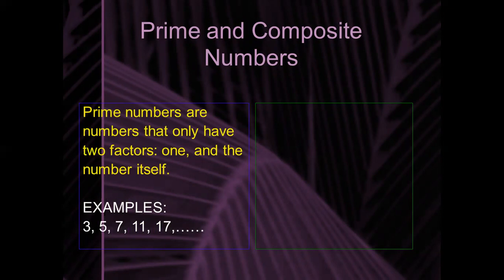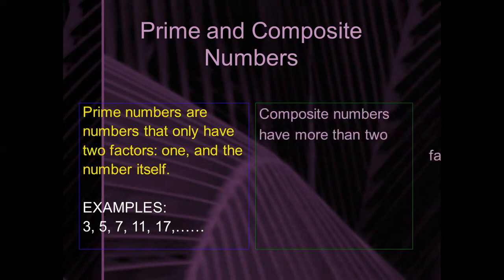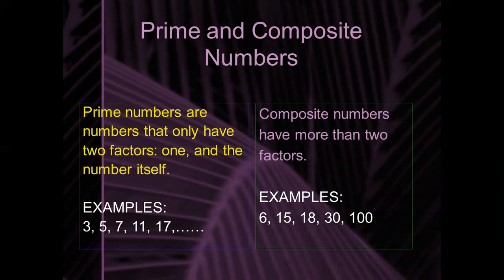And the composite numbers are the opposite. They are all the numbers that are not prime, that are divisible by other numbers.